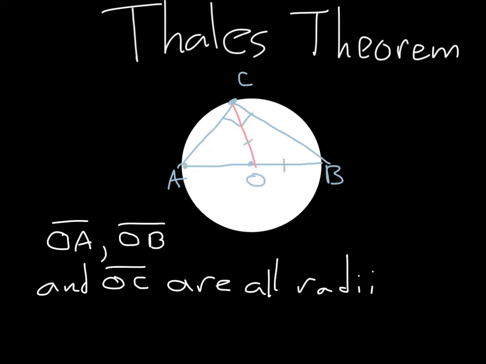I know all of these are the same length, so I'm going to put little tick marks there. So what we've got now is, if you look at the triangles AOC and OCB, these have two sides that we know are the same.